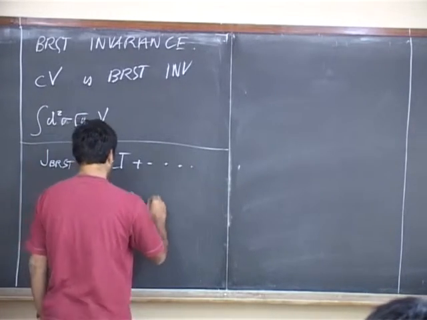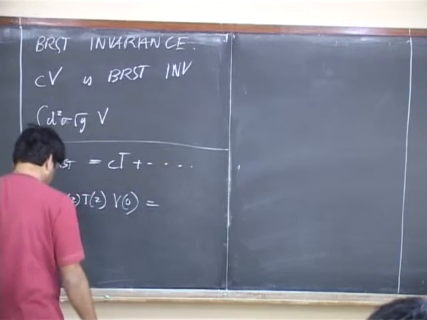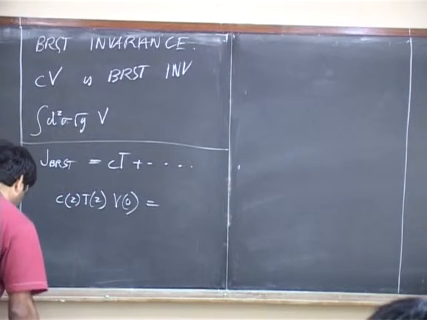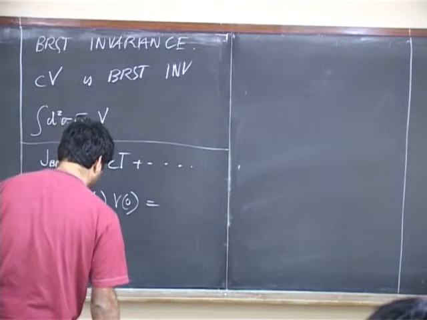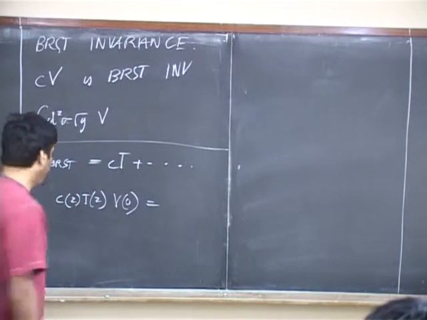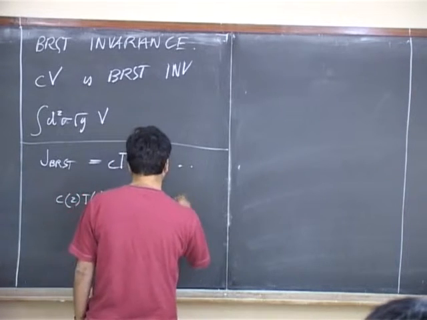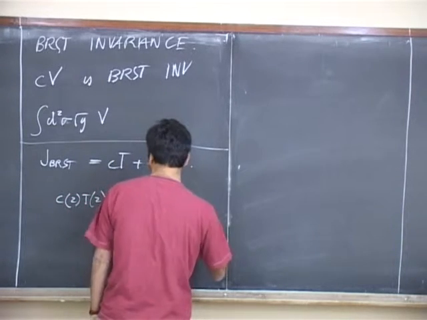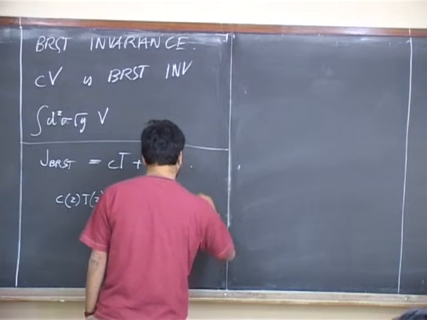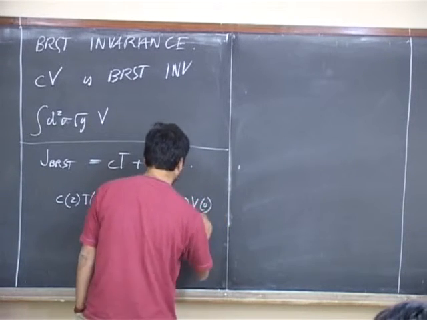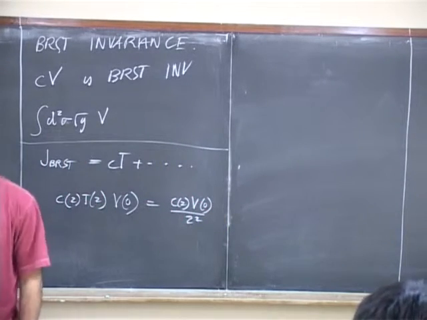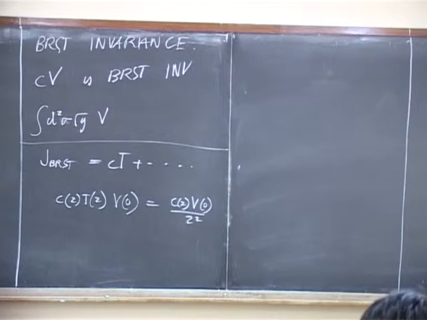You see, we know that the operator is 1-1. So that tells us that the double pole of it is C of z times V of 0 by z squared, because C is just going on to the right.